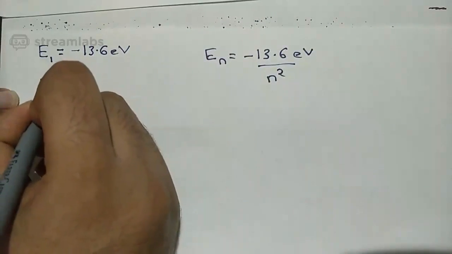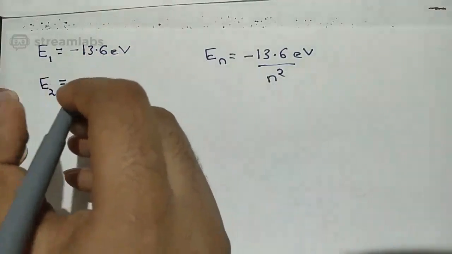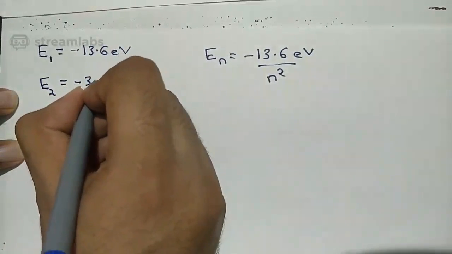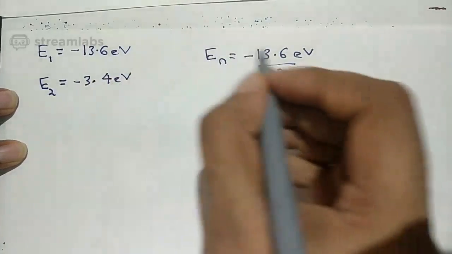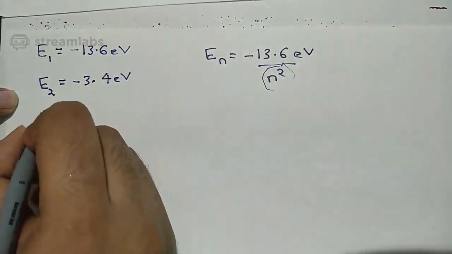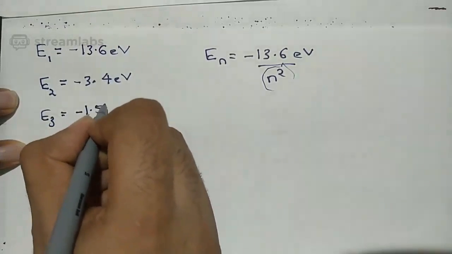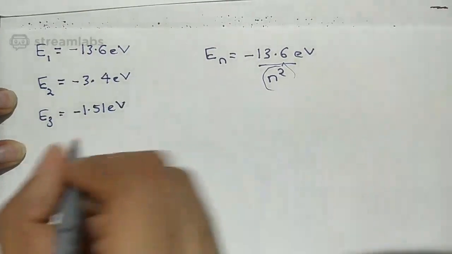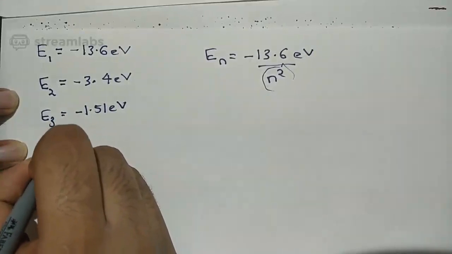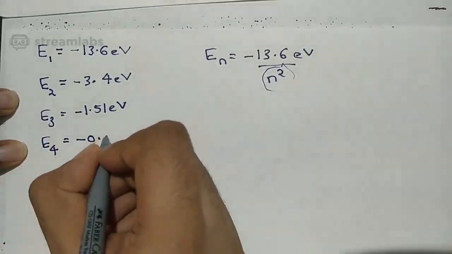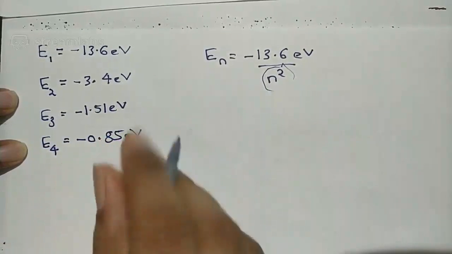What is E2? Energy in the second orbit. That is minus 3.4 electron volt. You have to substitute 4 here. Then you have to substitute 9 there. What is the answer? Minus 1.51 electron volt. Substitute 16 there. What is the answer? Minus 0.85 electron volt.